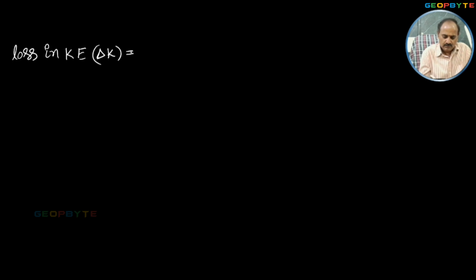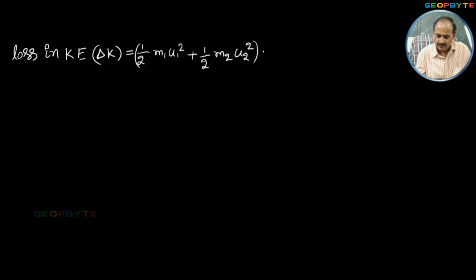Okay, loss in kinetic energy, that is delta K, equals the total kinetic energy before collision, half m1 u1 square plus half m2 u2 square. This is the total kinetic energy before collision. After collision, half m1 plus m2 into v combined whole square.